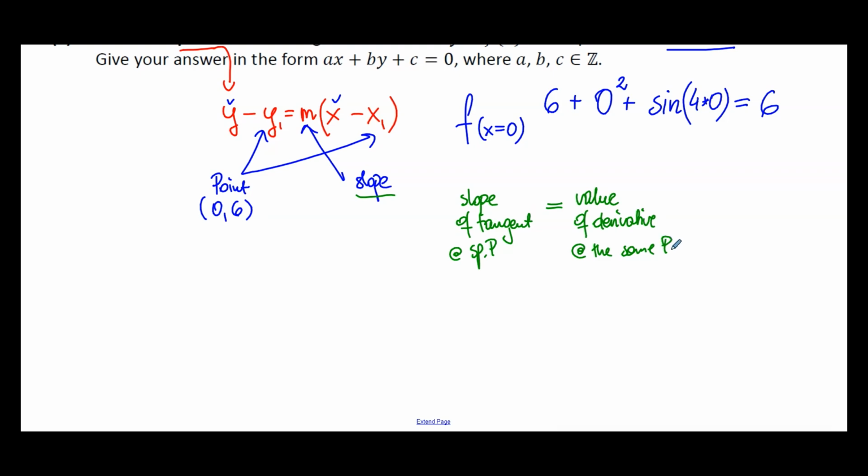That's how we're going to get the slope. The application of that knowledge is extremely common in your exam, especially in a small question, not in the big one, but in the small question.